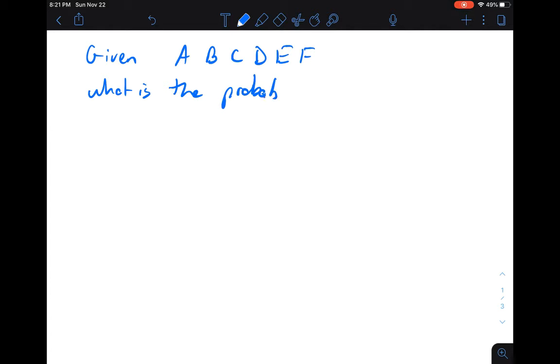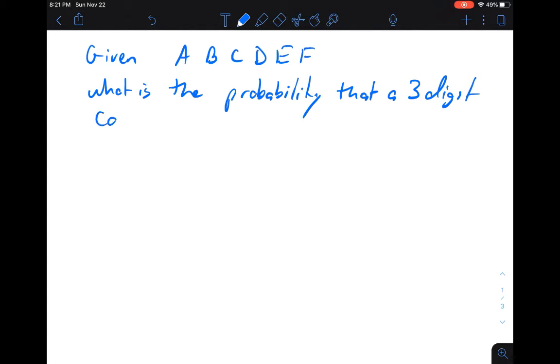So the first one is this. Let's say I've got these letters: A, B, C, D, E, and F. And I want to know what is the probability that a 3-digit combo contains no vowels. 3-digit combos are like passwords.